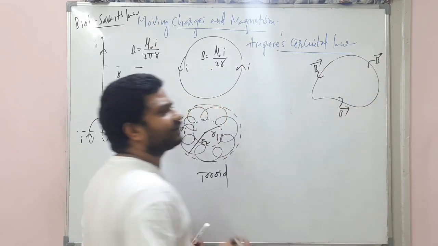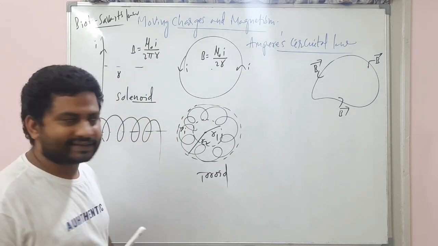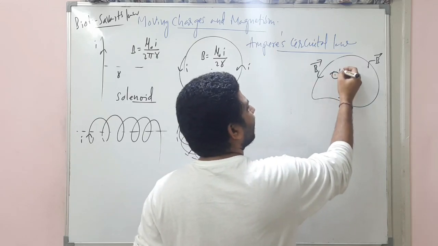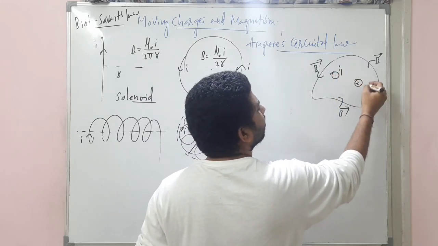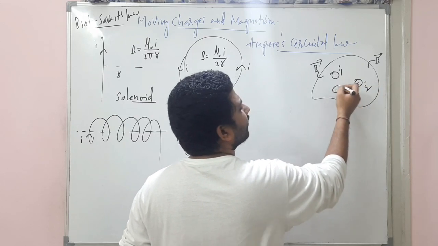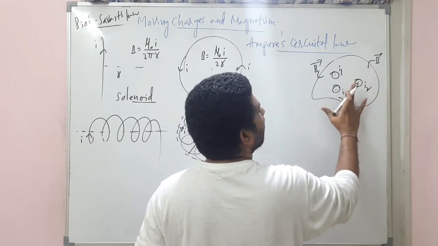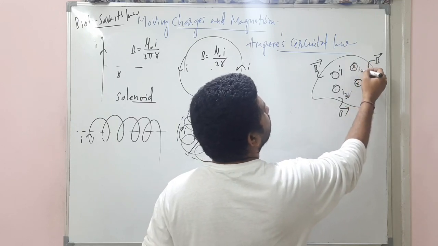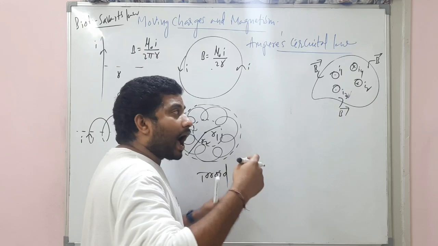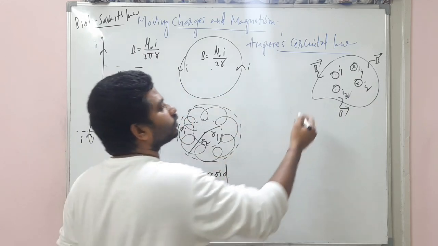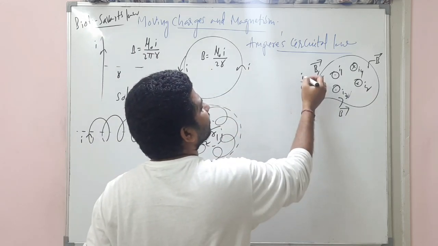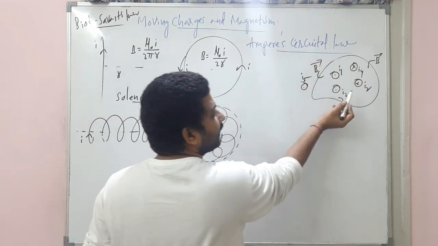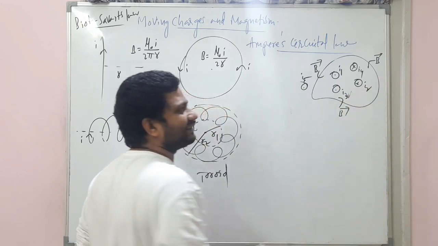Now, there are currents moving out of the plane, and there are currents moving into the plane. Outside this closed loop also there are some currents, my dear students. See, current I5 is moving out of the plane like this. Current I2 is moving into the plane like this.